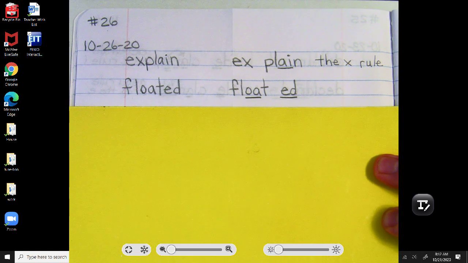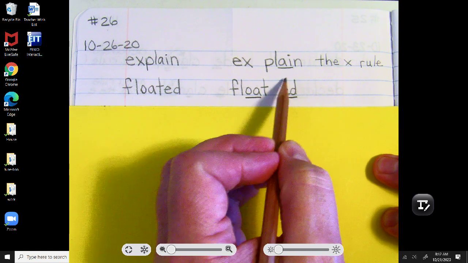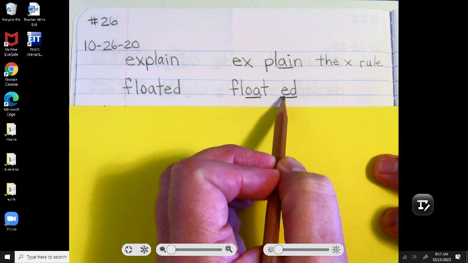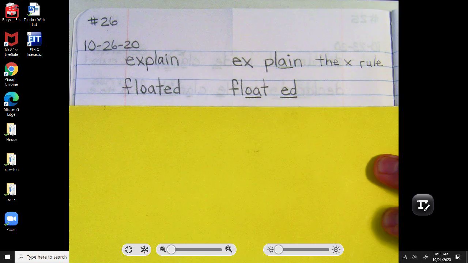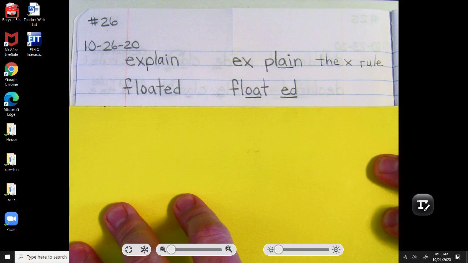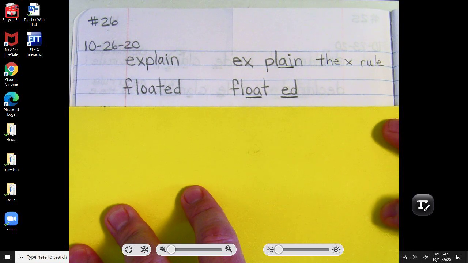There are no rules in floated. We were able to add this suffix, right, this ending, to the root word float without making any changes to the root word float. Float, ed, floated. They floated down the river in the inner tube. Floated.